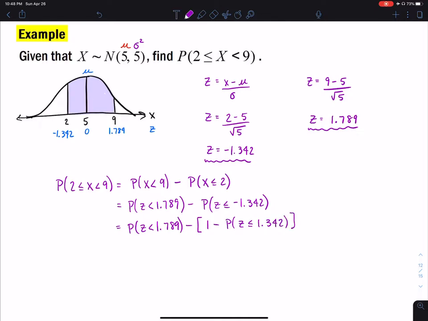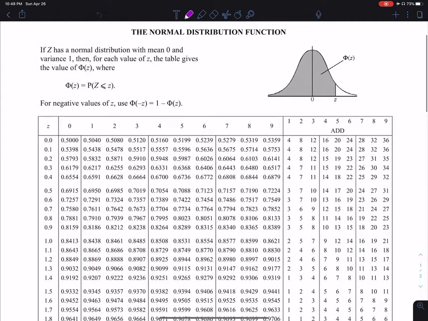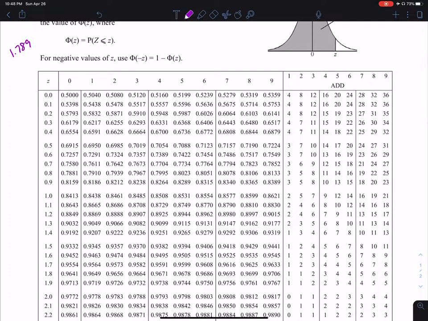Now we're ready to go to that table and find both probabilities for each of these z-scores. The first one we have to find is 1.789. We're looking for 1.78 first. Here we got 1.7, and 8 is right here, so their cross section, 1.78, is right here.